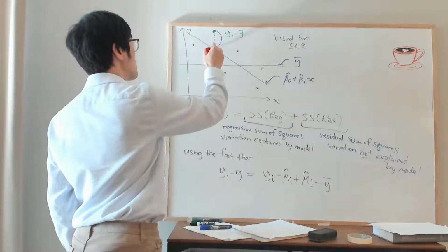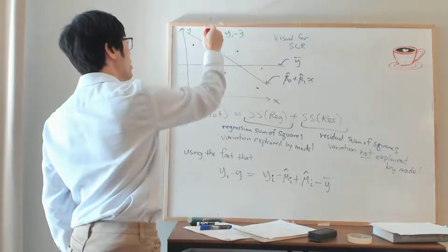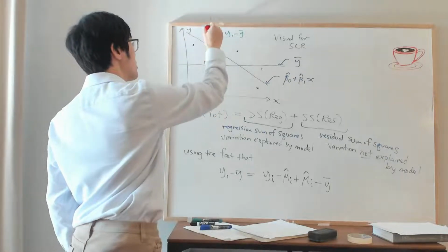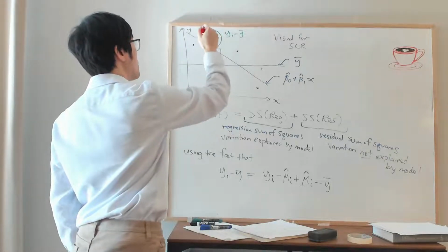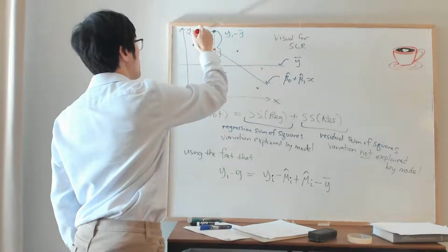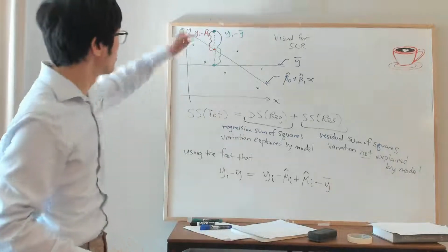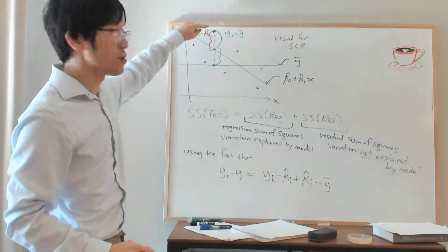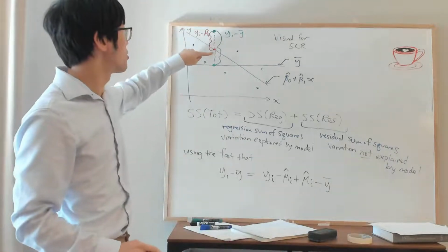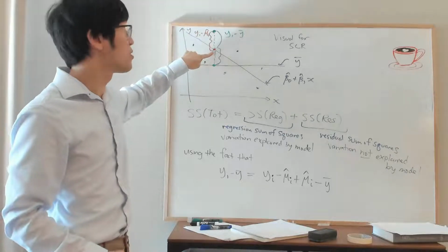So we have this difference from yi to mu i hat. This part is yi minus mu i hat. It's the difference from the observed value of the response variable to its fitted value.